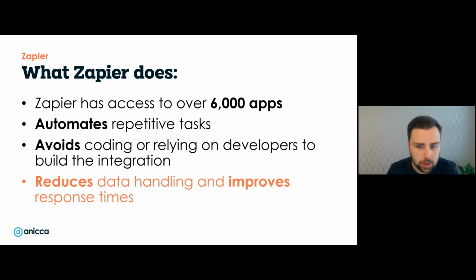And again, it improves response time. I'll show you some examples later on, but imagine you've got loads of other things to do. You might manage to download the data once a day, or you might do it every 3 days or whatever it may be. That's quite a slow response time. Whereas with Zapier, you can do it automatically. Someone sends in a lead, and within a minute, depending on how you set up your Zap, that's in the salesperson's inbox or in the CRM system.